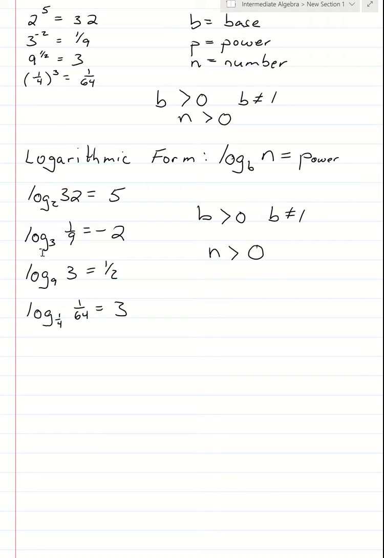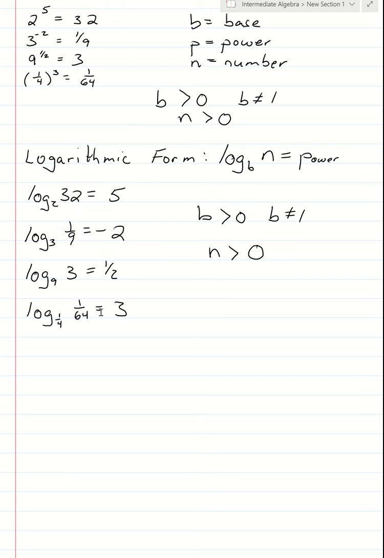Log base 2, log base 3, log base 9, and log base 1/4. All of those bases are positive numbers and not the number 1. The numbers you are taking the log of are also positive numbers, because n must be greater than 0. So you have the log of 32, log of 1/9, log of 3, log of 1/64.